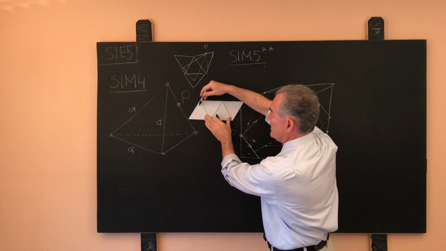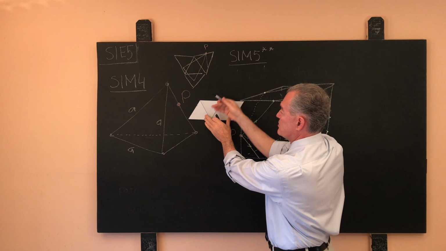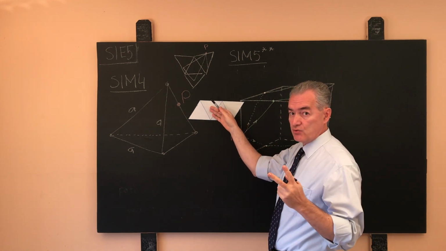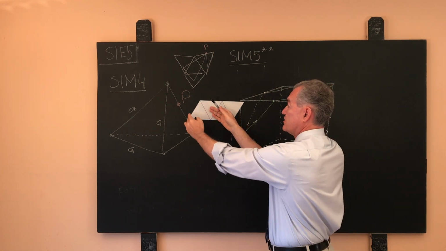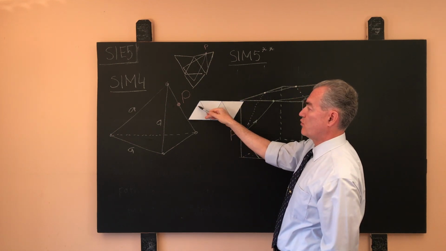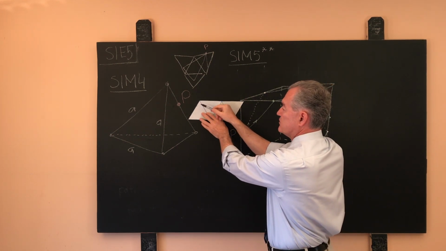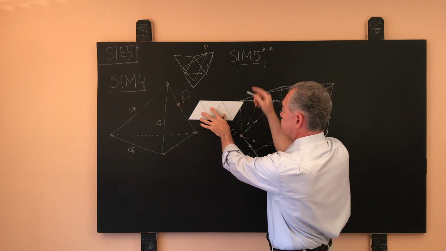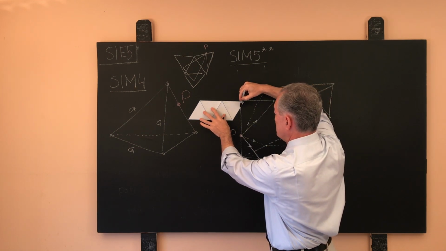Then in this net, this edge will be split into two edges, this one, and consequently the point P will also be split into the point P, let's say P prime, over here.